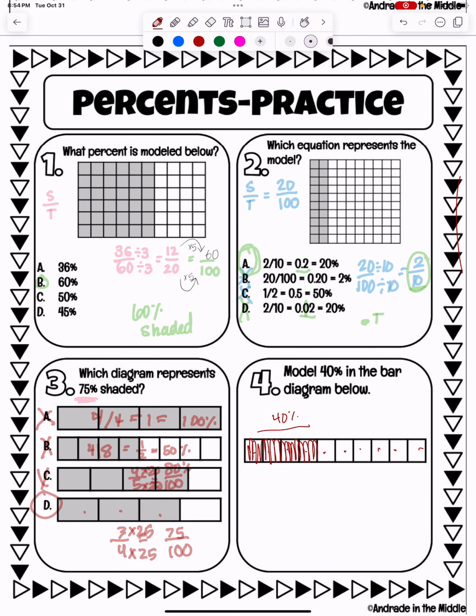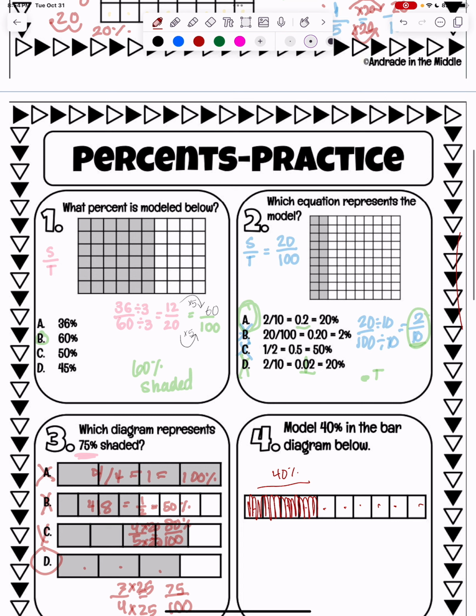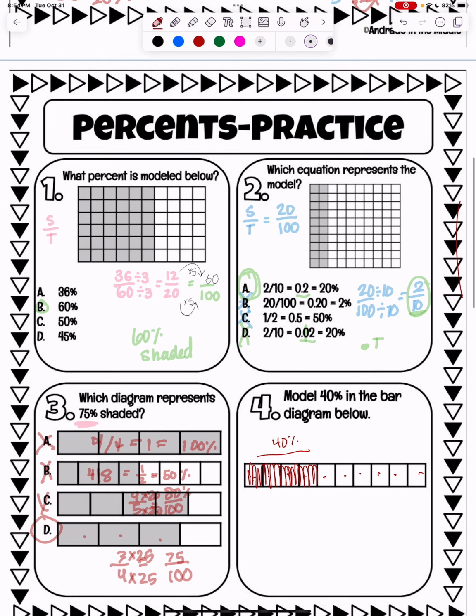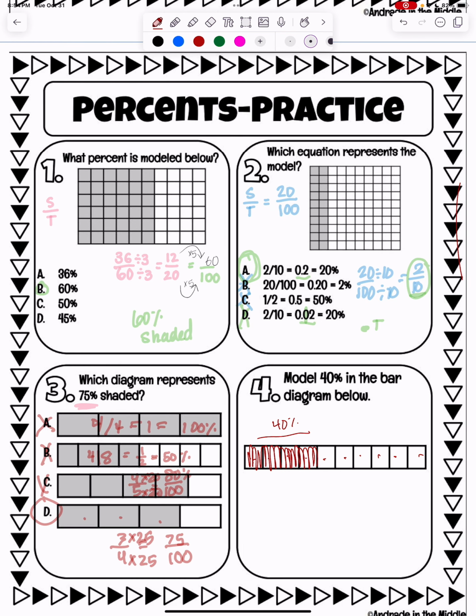So hopefully if there's anything that you need help in, please make sure that you go over it and you try to redo it. I will say that there are a little bit of different ones on the assignment that I have posted. So again, just make sure it's shaded over how many, and make sure you're working through them and deciding on which ones make the most sense to you.